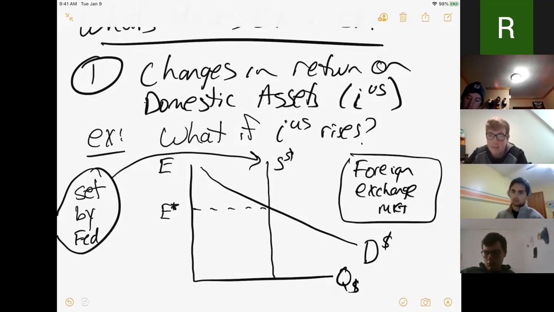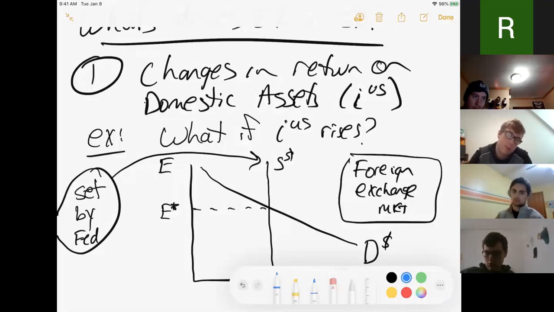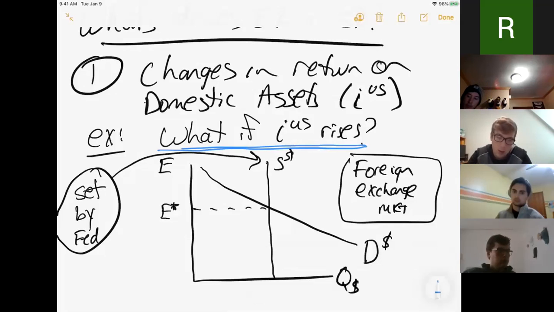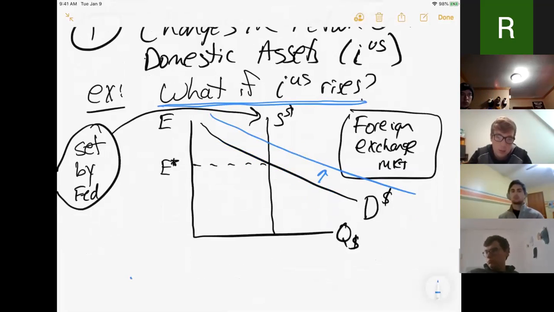Okay, so in this example, what happens if the interest rate in the US rises? Well, that makes US assets more attractive, because now if I buy a treasury bill or a treasury bond, I'm going to get a higher return. So what do I have to do to buy a treasury bill? First, I have to have dollars. That's going to increase the demand for dollars, and that's going to lead to an increase in the US dollar exchange rate.